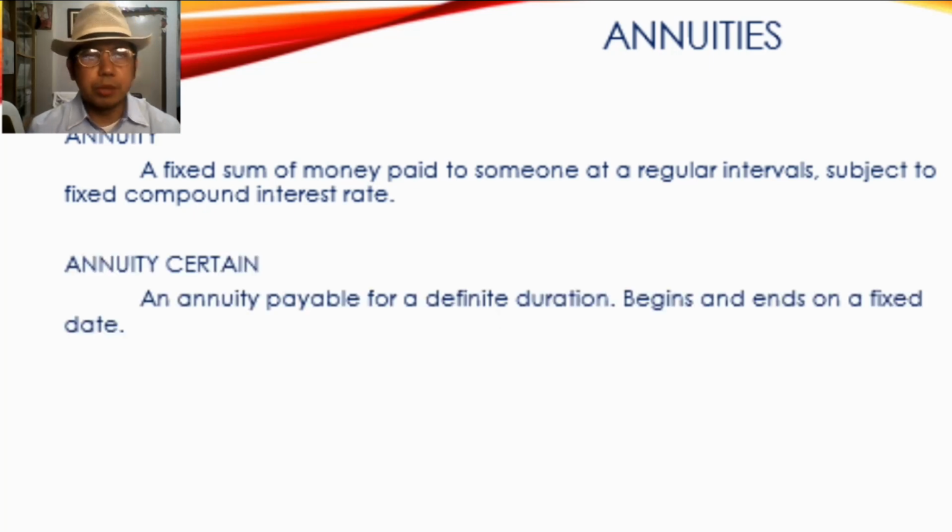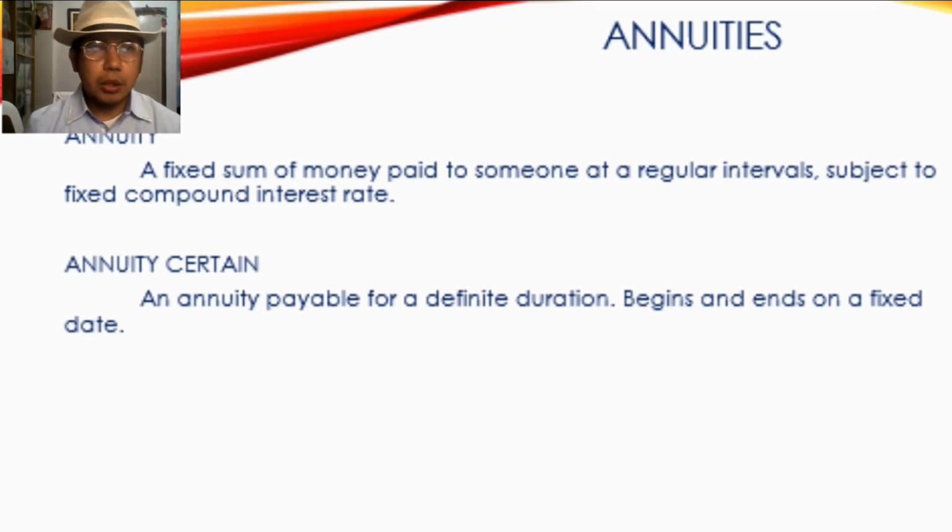The next one would be annuity certain. What do we mean by annuity certain? It is an annuity payable for a definite duration. It begins and ends on a fixed date. So, by the word alone, annuity certain, meaning to say, when we are paying a loan or an investment or an insurance, your fixed payment is to be paid for a certain duration.